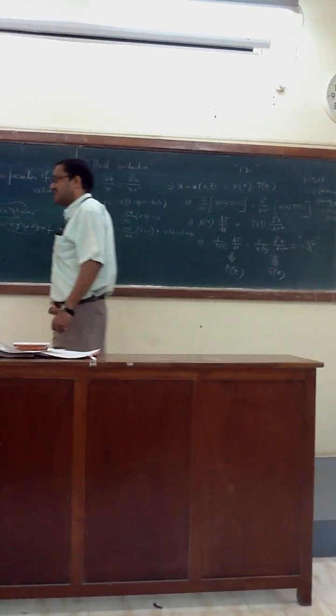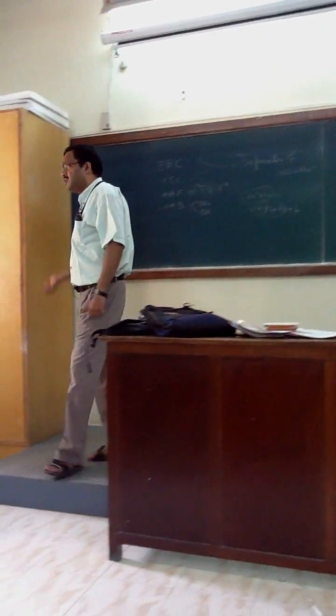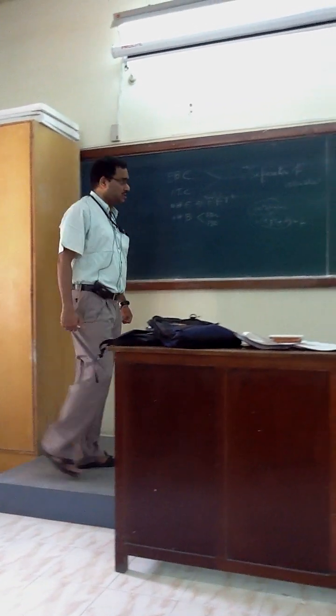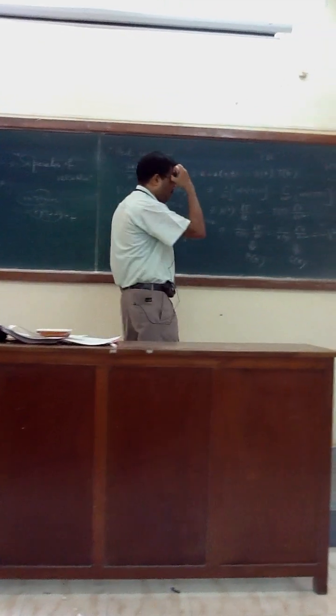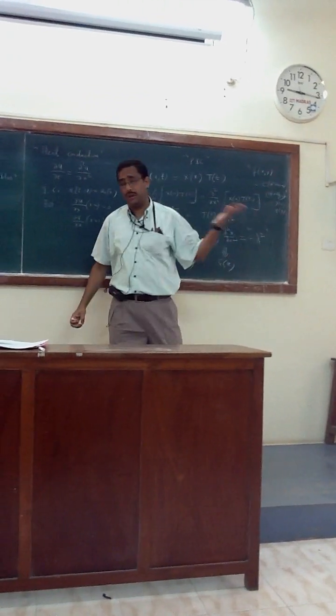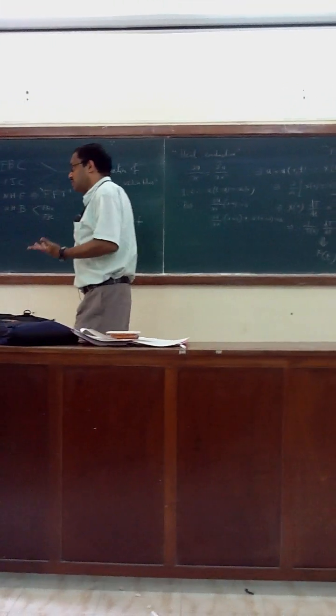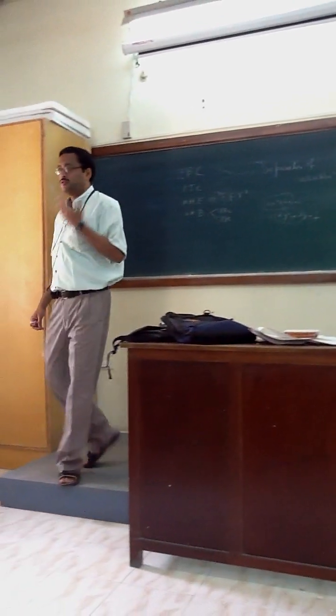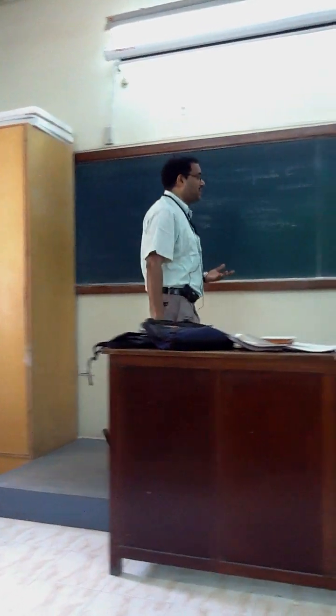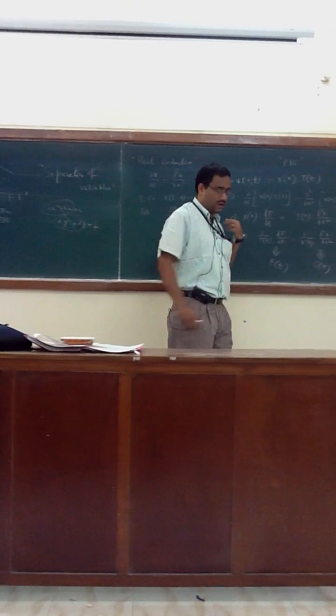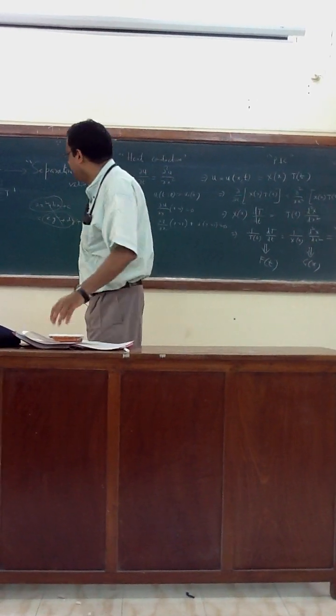Based on the physics, the constant could be anything, but we have selected the minus sign. Since the constant can be plus or minus, you have selected minus based on physics. We will also show there are some mathematical consequences, and we will be addressing that part later.